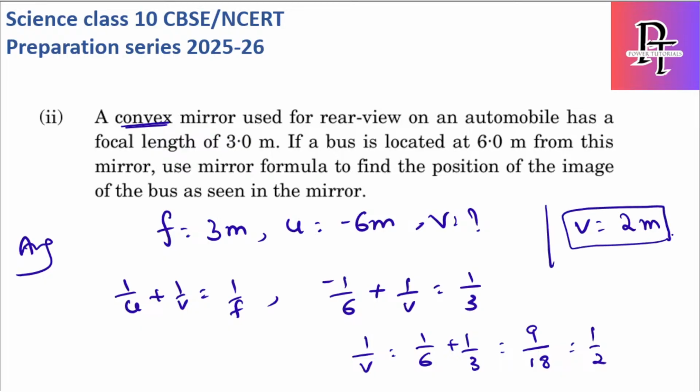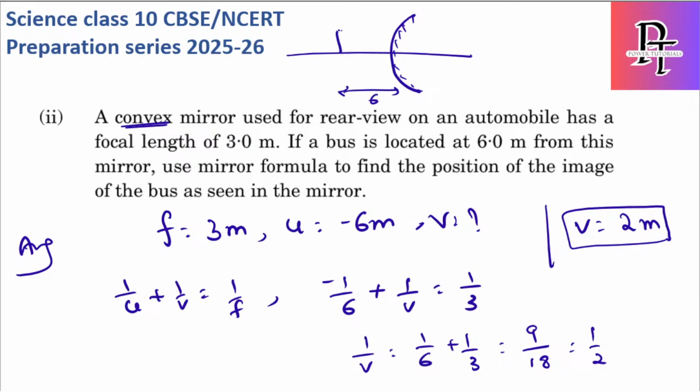So the image formed is exactly 2 meters from the mirror. Okay, the same question, if they ask you for a ray diagram. Here they haven't asked, but if they ask, we should be able to solve it. So this is a convex mirror. We have an object here which is 6 meters from the pole on the principal axis.